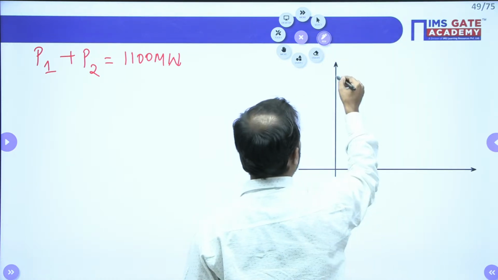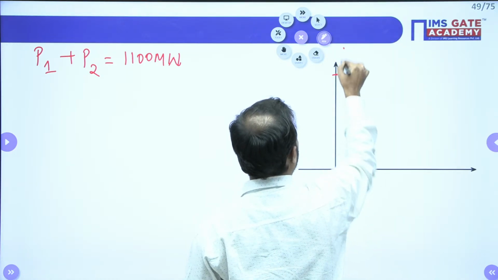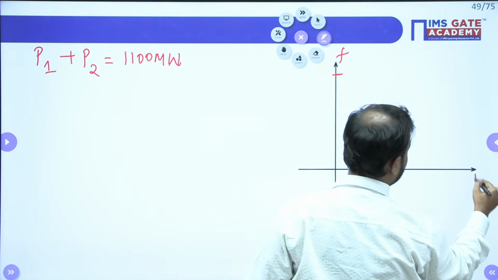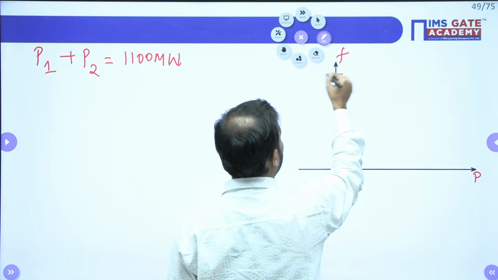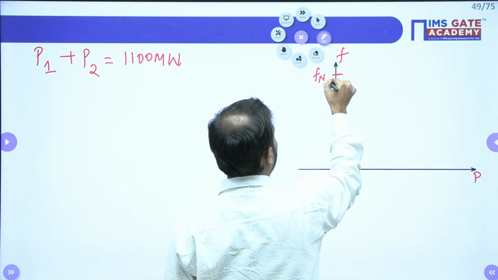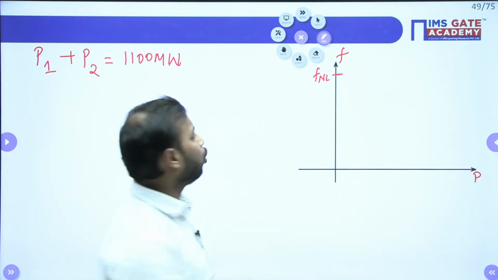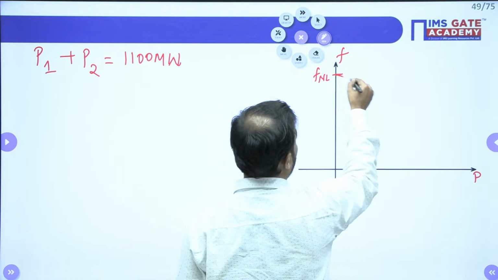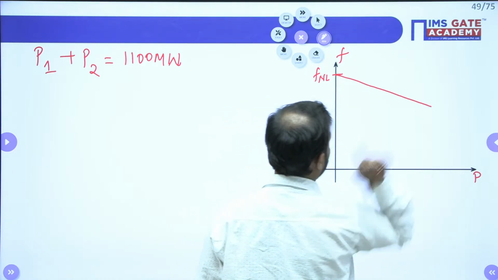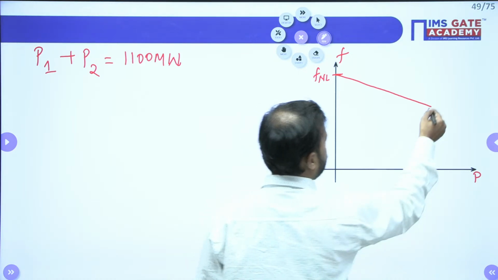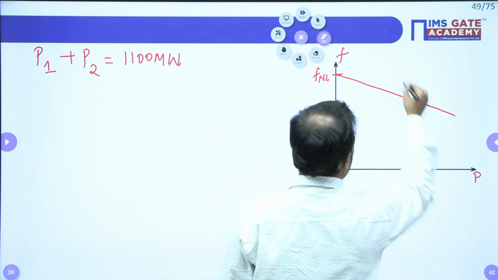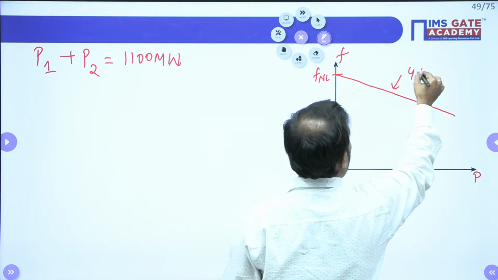Okay, see here everybody. Let us take this axis as frequency and this as the real power. Droop characteristic means your frequency is decreasing from no load to some certain value, like this. So this is given as 4% for machine 1.